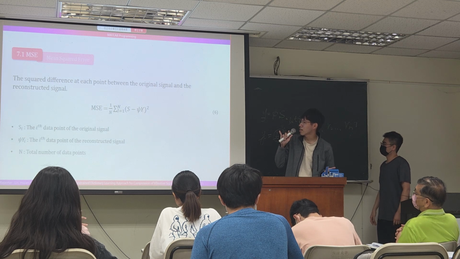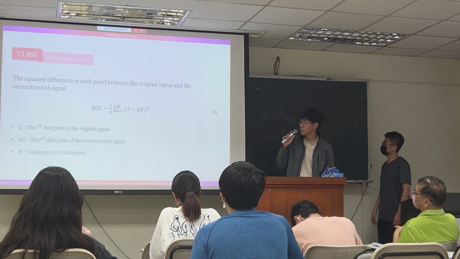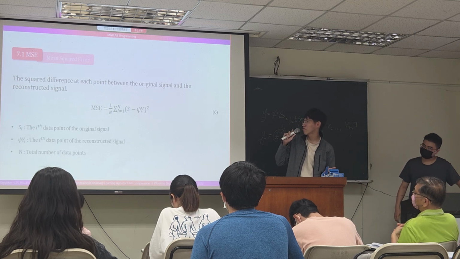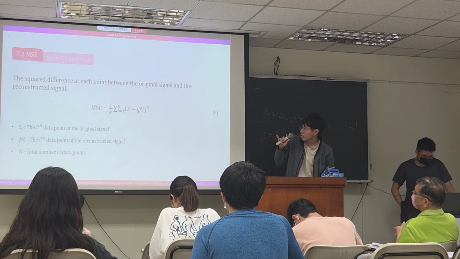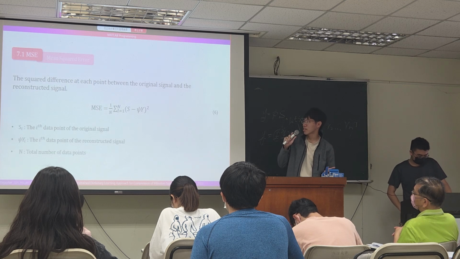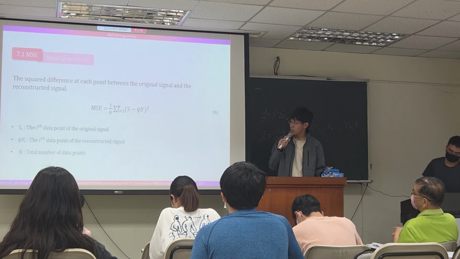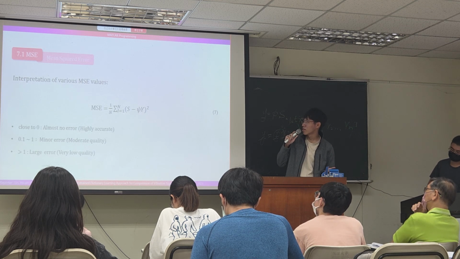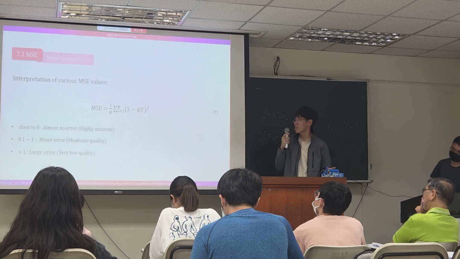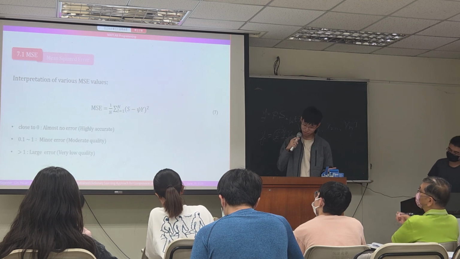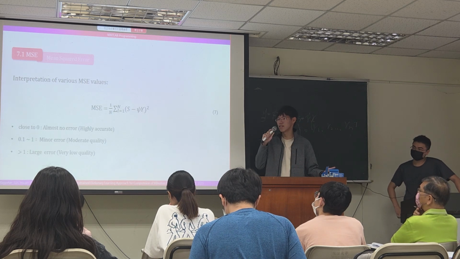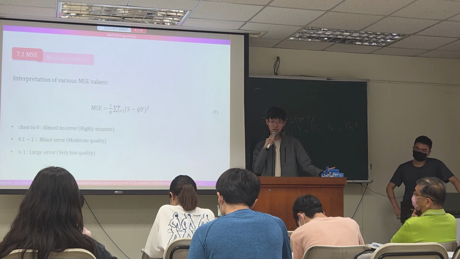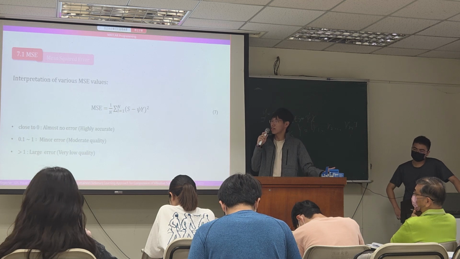S_i is the original signal's random point, and Y_i is the reconstructed signal's random point. If the MSE is close to 0, the original signal is close to the reconstructed signal, which means there is almost no error.